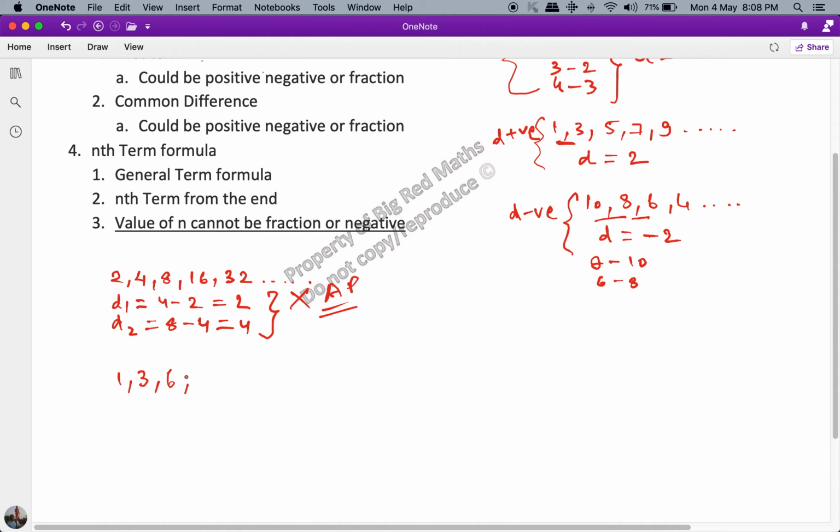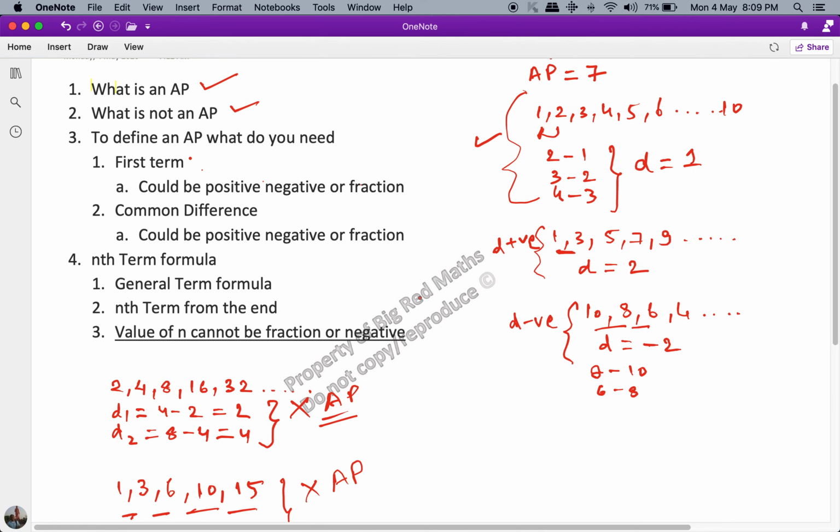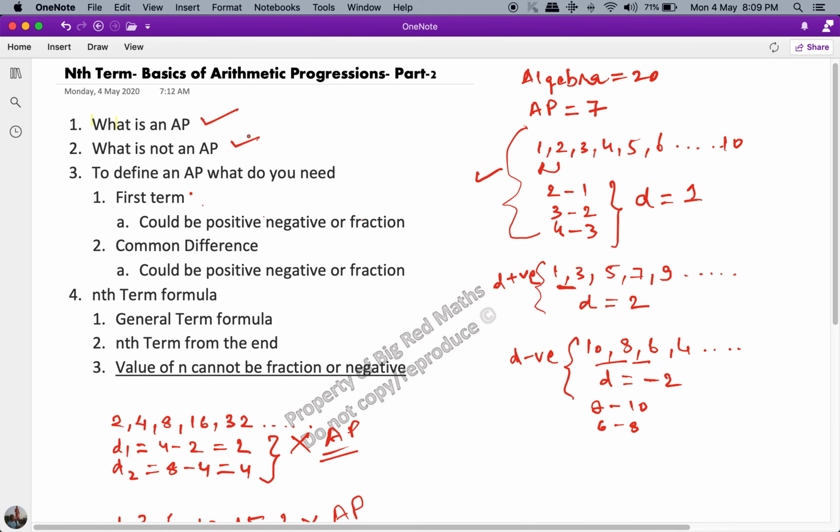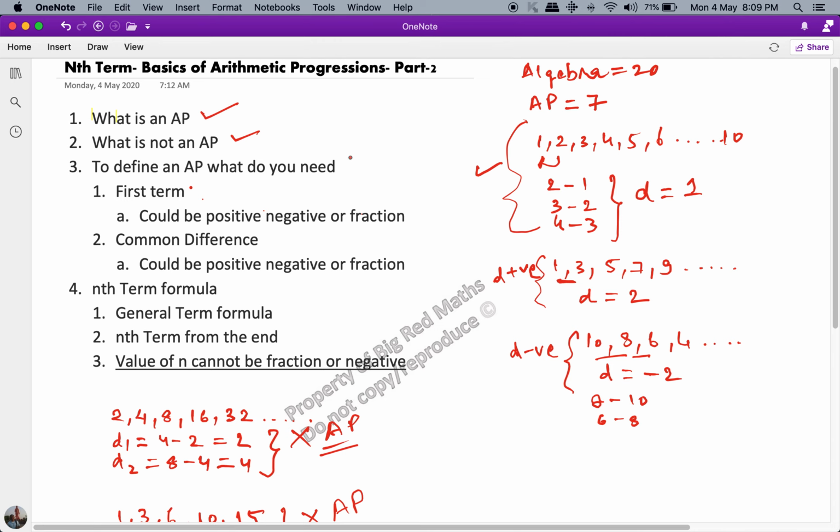You see the difference between the first two terms is 2, the next two is 3, the next two is 4, the next two is 5. The difference is not the same. So the moment two consecutive terms do not have the same difference, it is not an AP. So we studied what is an AP and what is not an AP.